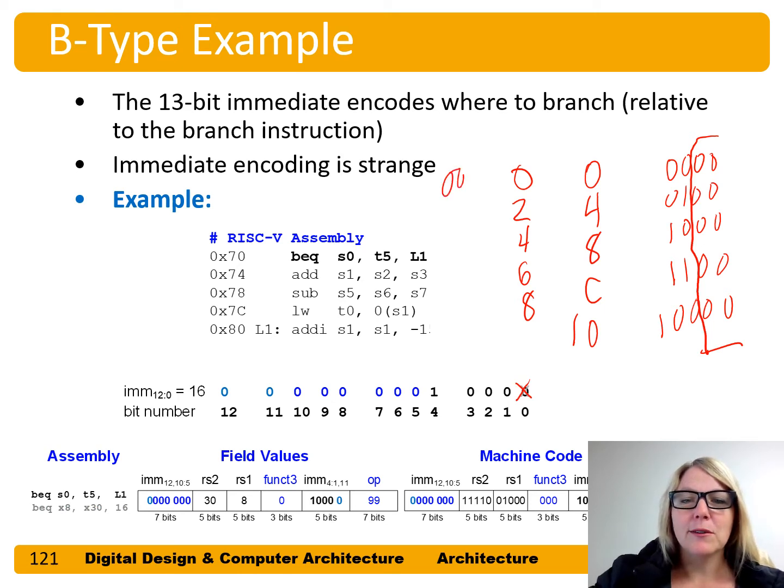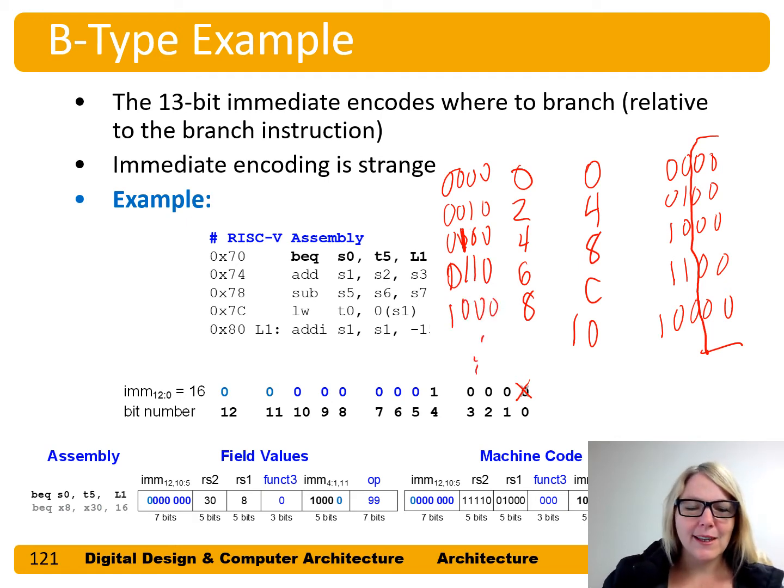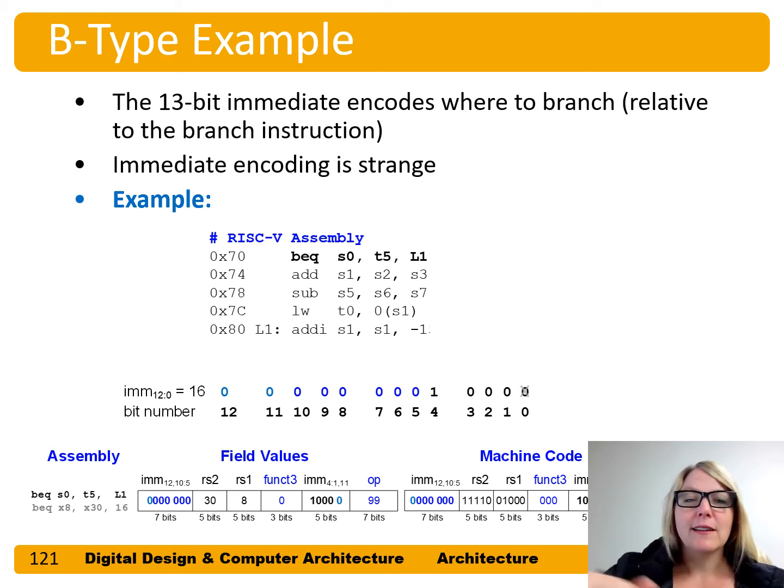Right, we have 0, 2, 4, 6, 8, 10, 12. Okay, so for that reason, B-type instructions do not encode only the least significant bit, bit 0, of the immediate. And then there is some very strange bit swizzling to encode our immediate.